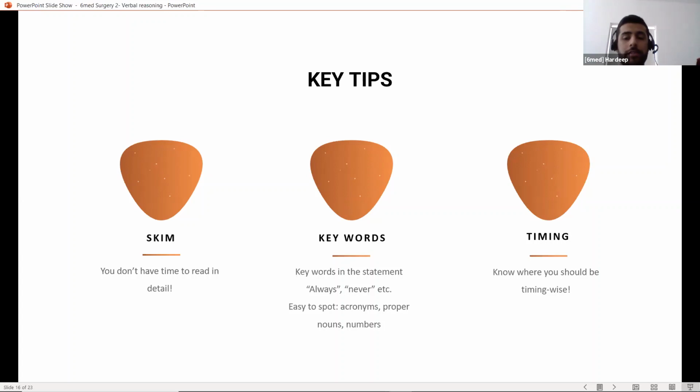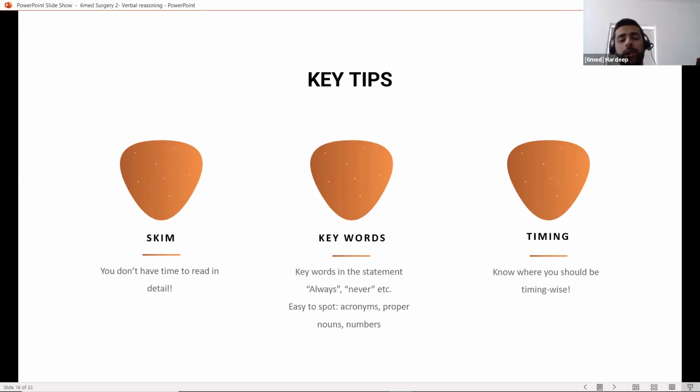So definitely look for those within the question statement. And then easy to spot keywords are things like acronyms, numbers, dates, proper nouns. These are ones where you can easily find them in the text, as opposed to just general words.